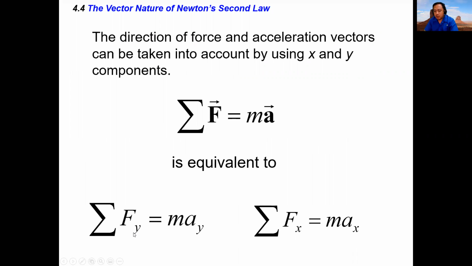For the component of force along y, the summation equals may, and for the component of the force along x, it's max. Take note, x for the acceleration and also x for the force, because force and acceleration have the same direction as vectors.